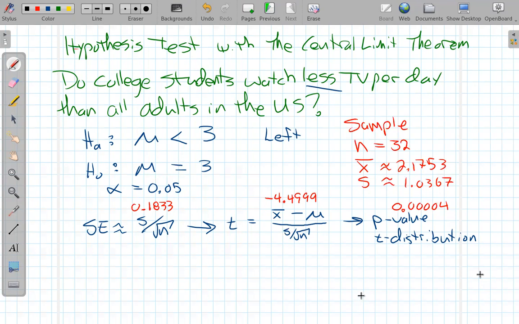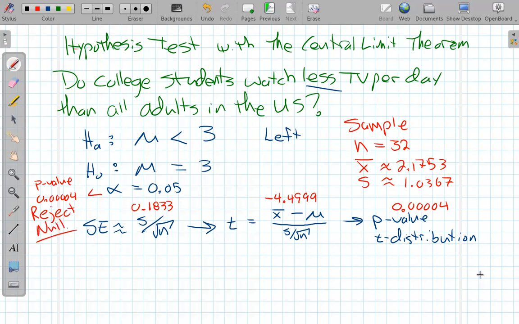Pretty small p-value. That p-value is definitely less than alpha, right? So if we compare them over here, it's always a good idea to write this down. 0.00004 is definitely less than alpha. If p is low, the null must go. We should reject the null hypothesis is our decision.